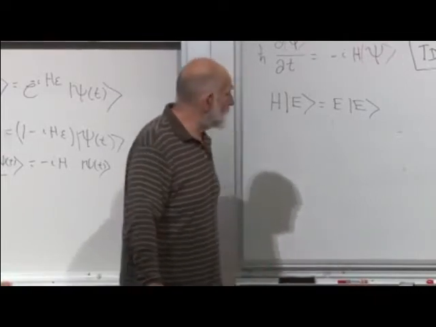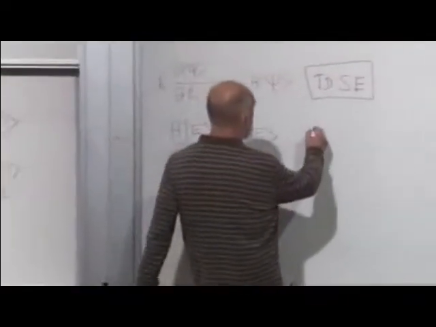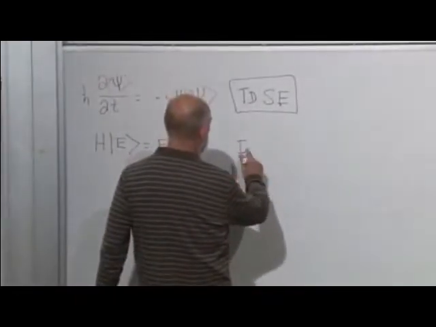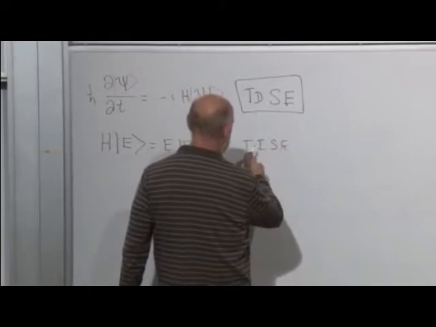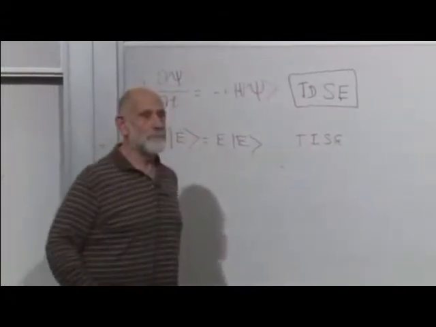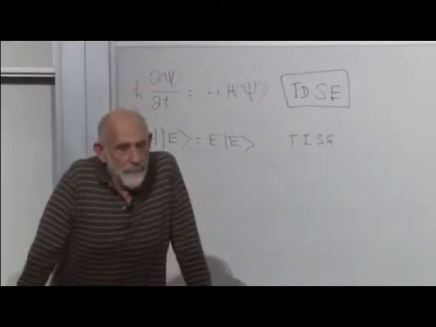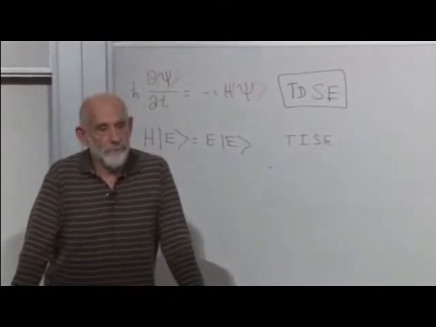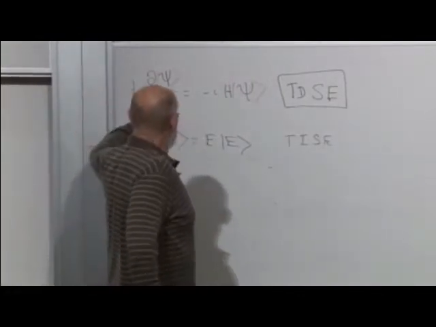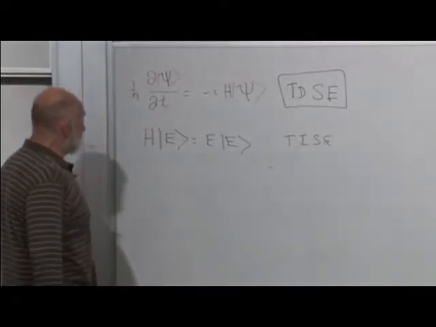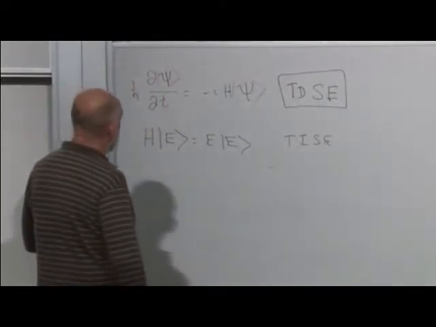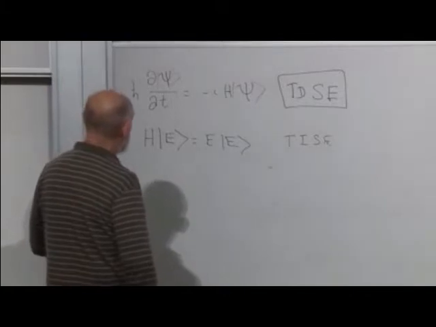Can you, in the time-dependent Schrodinger equation, replace psi with E? Then you can drop the ket things, right?